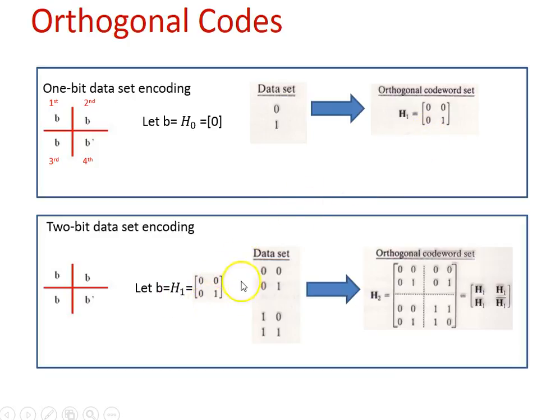So with the 2-bit data set, we can encode it using the same concept, where this is B in the first quadrant, the second B, and also the third quadrant as B, but the fourth quadrant we have the complement of B. In this case, the data set 00 is now encoded to 0000, while 01 is encoded to 0101, and so on and so forth.